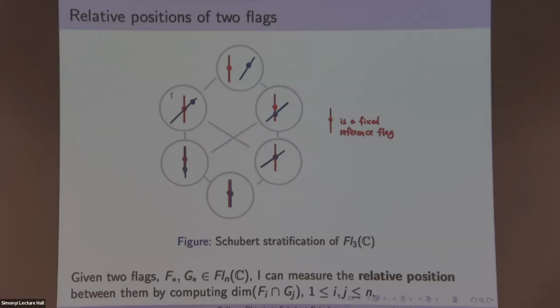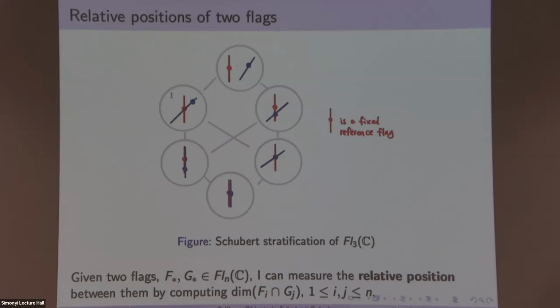And when I want to talk about incidence of linear objects, one natural notion is to consider relative positions of two flags. So here, the notion of relative position is defined as follows. Given two flags, I can measure the relative position between them by computing the dimensions of the pairwise intersections of the vector spaces of the two flags.